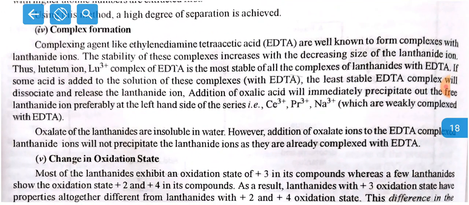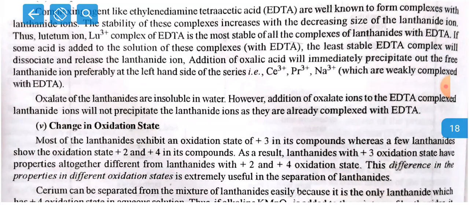If some acid is added to the solution of these complexes with EDTA, the least stable EDTA complex will dissociate and release the lanthanoid, and addition of oxalic acid will immediately precipitate out the free lanthanoid, preferably at the left hand side of the series, that is Ce3+, Pm3+, Nd3+, which are weakly complexed with the EDTA.